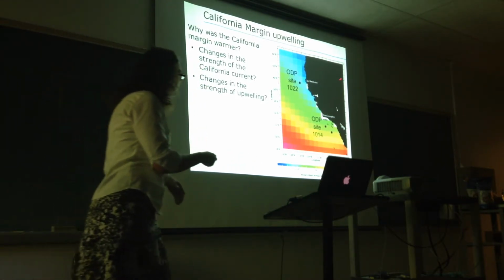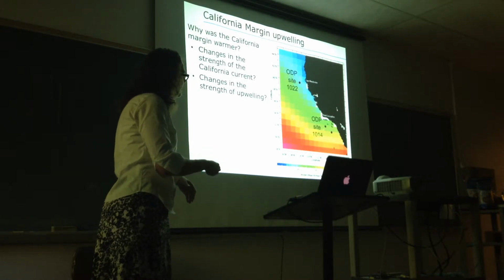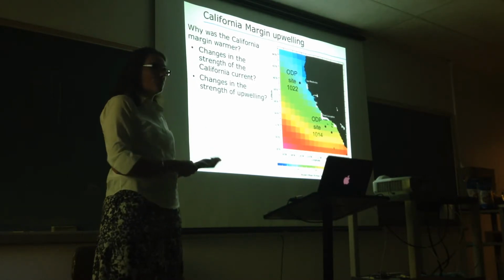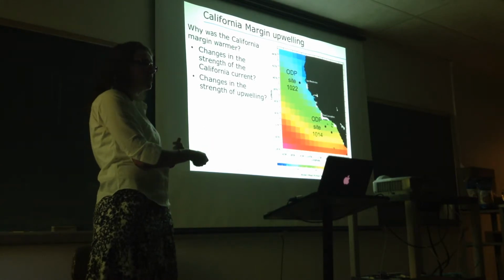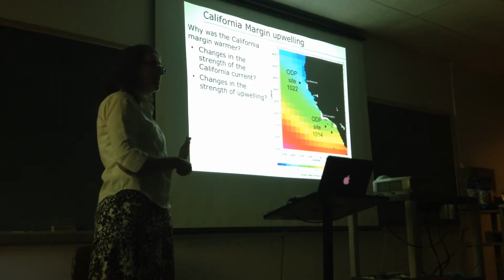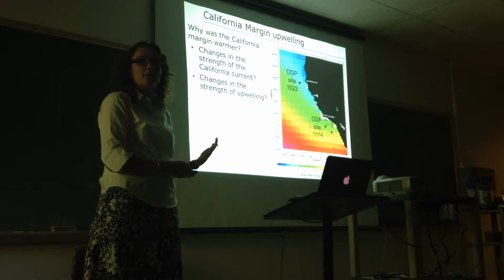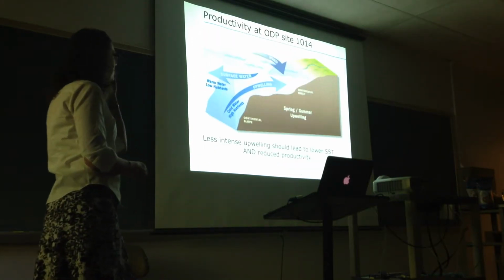So the warmer temperatures at these sites could be related to a change in the strength of the California current, right? If it was weaker, it wouldn't bring down as much cool water. Or it could be related to changes in the strength of the upwelling. Those are two options.